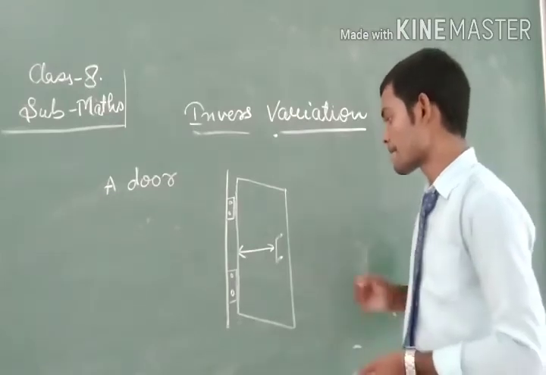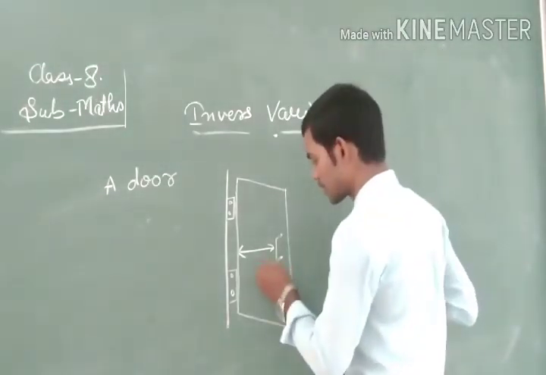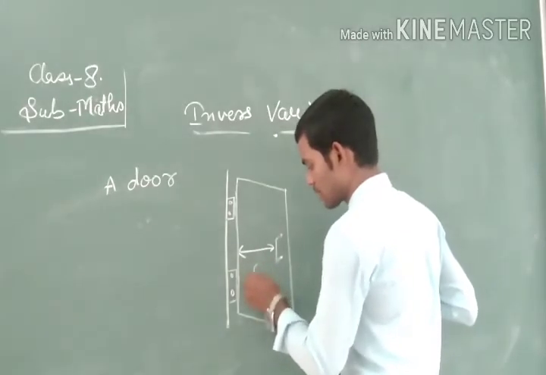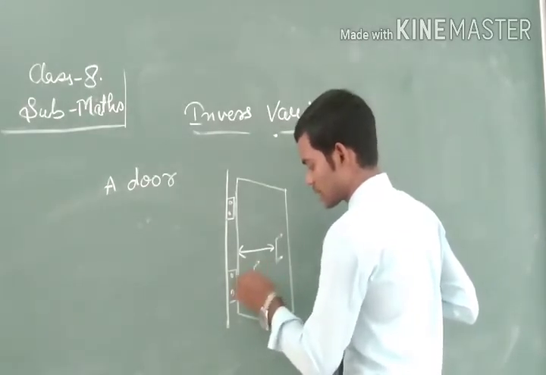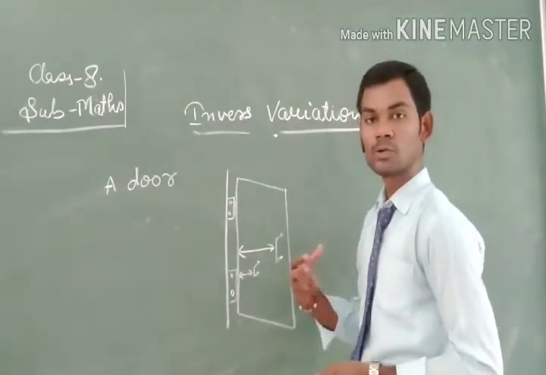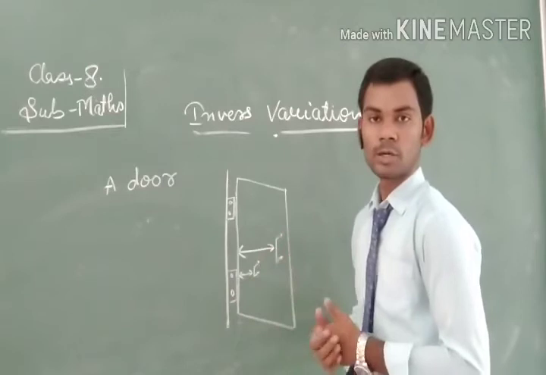But if we decrease the distance between the joint and the handle like this, then we need maximum force to pull or push the door.